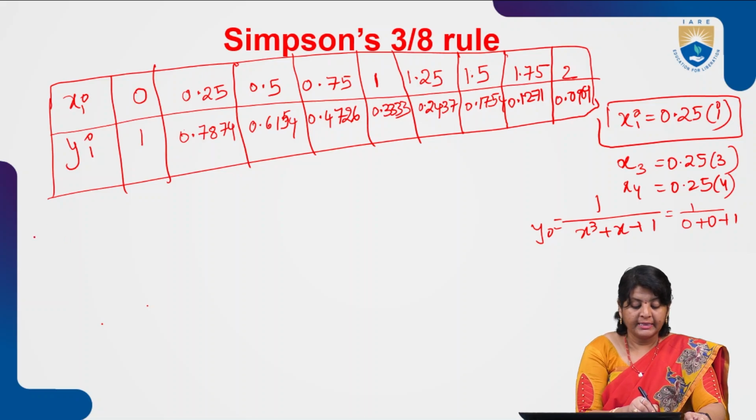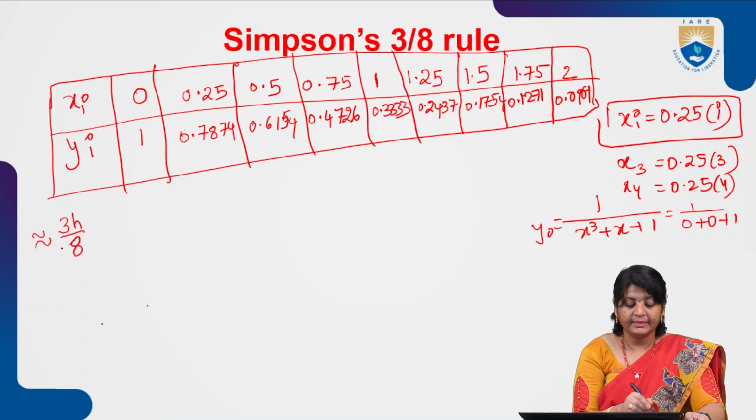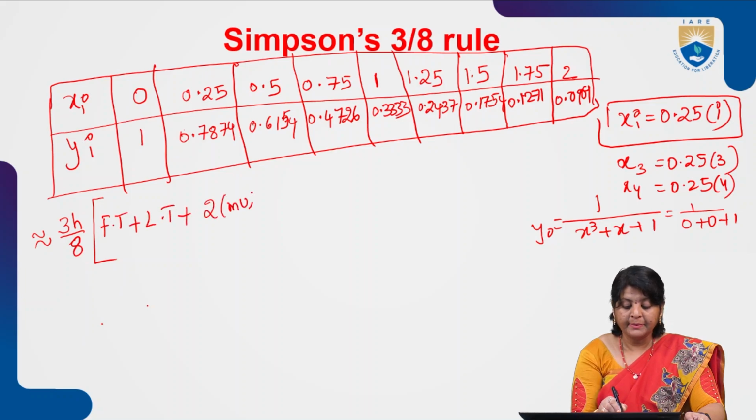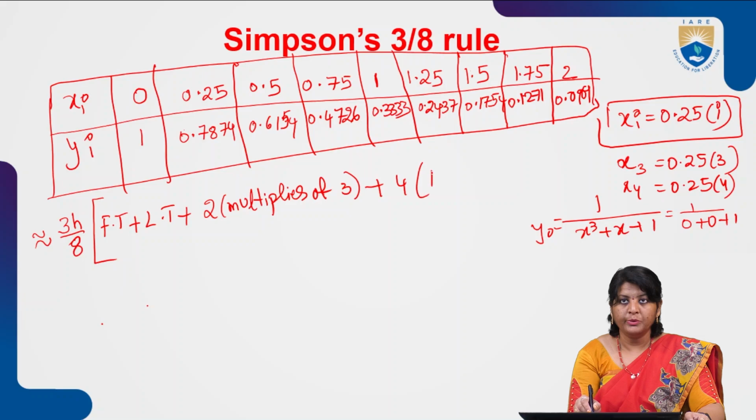So here the approximate value is 3h by 8 into first term plus last term plus 2 into multiples of 3 plus 4 into remaining terms. This is the formula, written in shortcut.